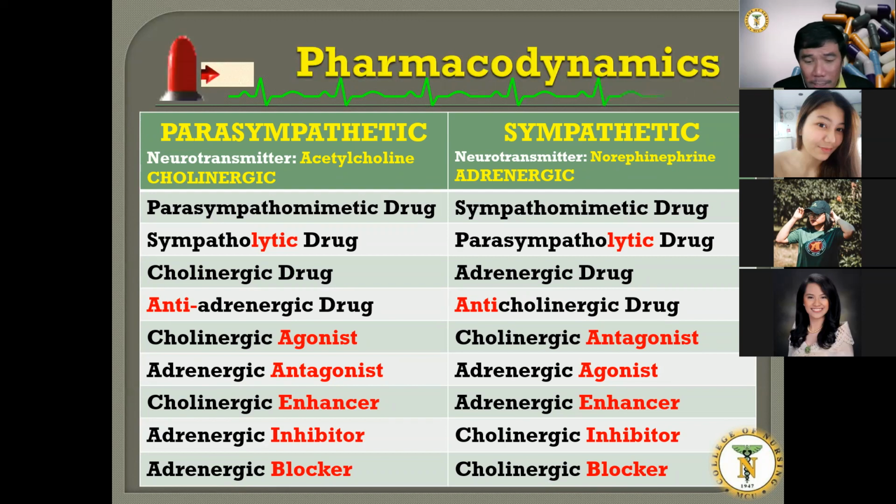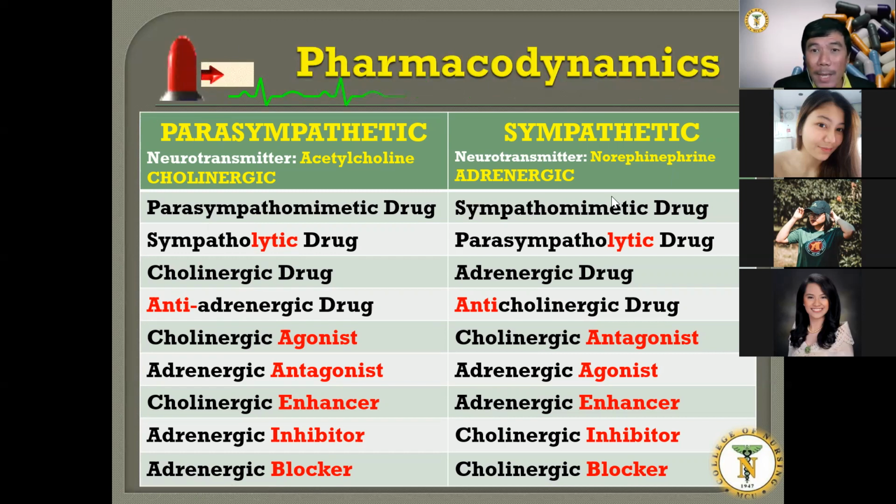That's why it's very important to have mastery of the concept of the parasympathetic and sympathetic nervous system. As I told you, the parasympathetic nervous system is also called cholinergic, and the sympathetic nervous system is also called adrenergic. The neurotransmitter is acetylcholine, and for sympathetic it is norepinephrine.